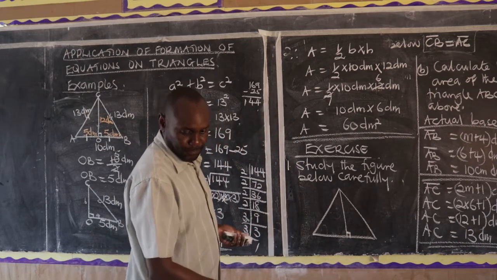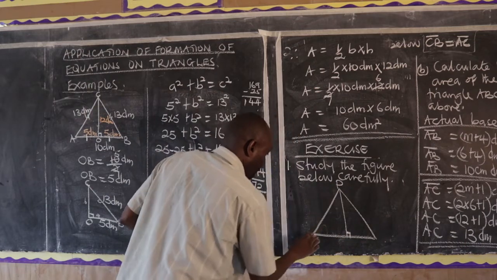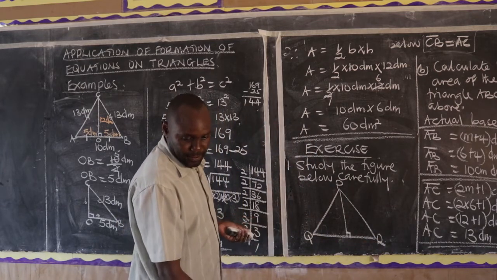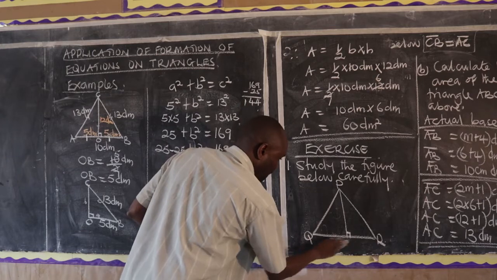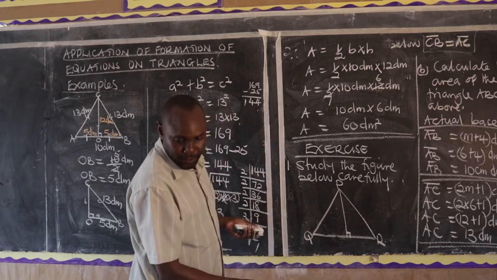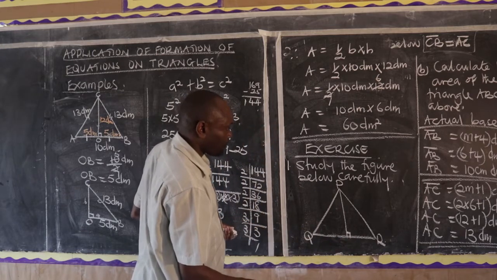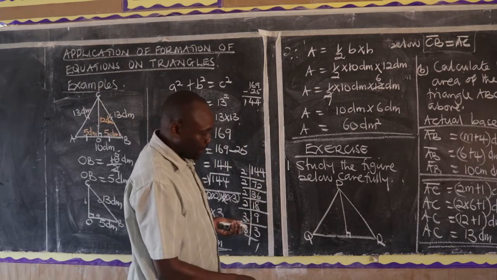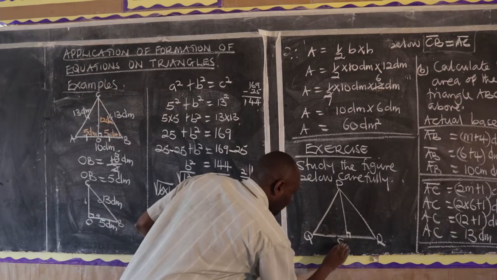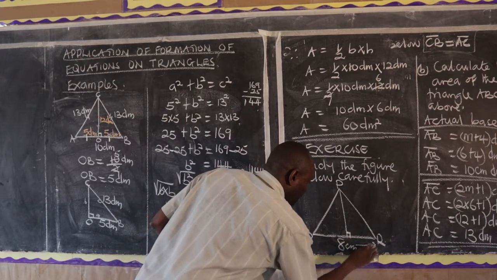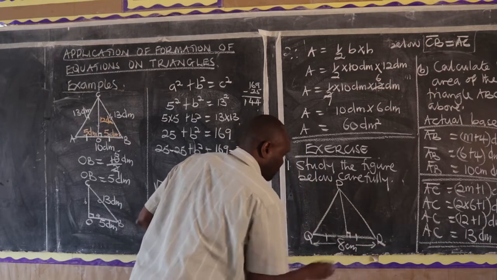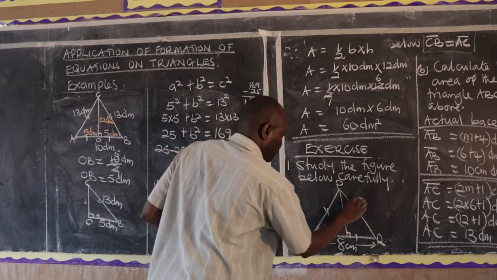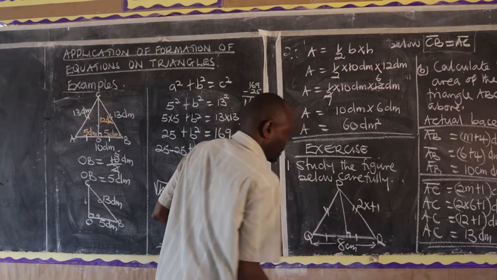That is P, Q, R. Then we have here O, B, C, D, P, Q, that is 8, up to that. Then we have here 2x plus 1.